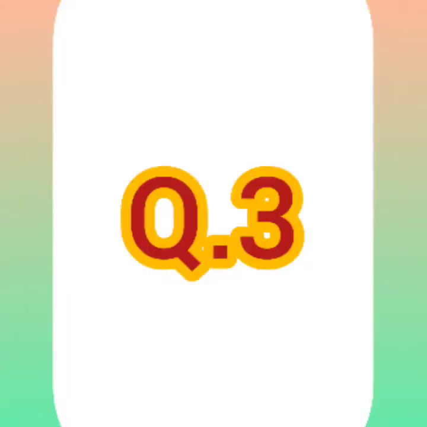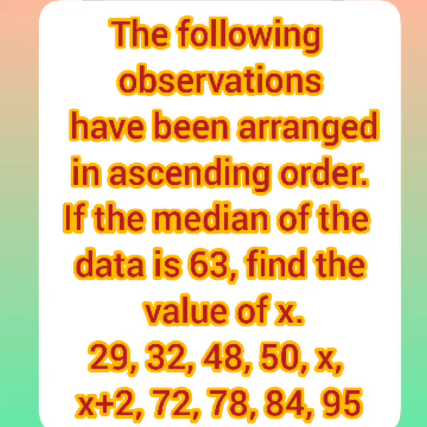So right now, dear student, here is question number 3, which is the most important question of this exercise. The following observations have been arranged in ascending order. If the median of the data is 63, find the value of x. My dear student, here we are given the observations 29, 32, 48, 50, x plus 2, 72, 78, 84 and 95.